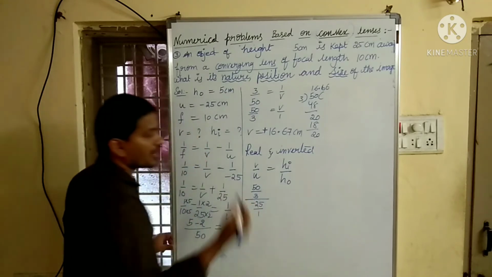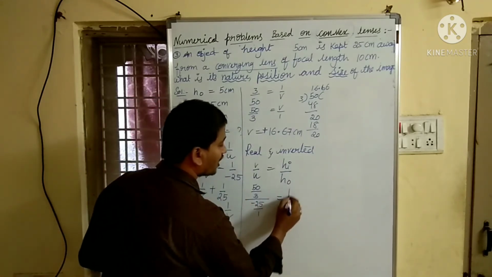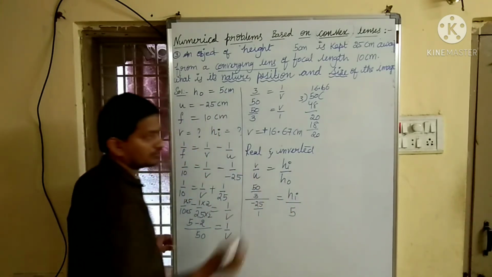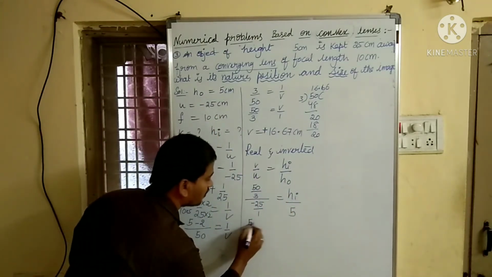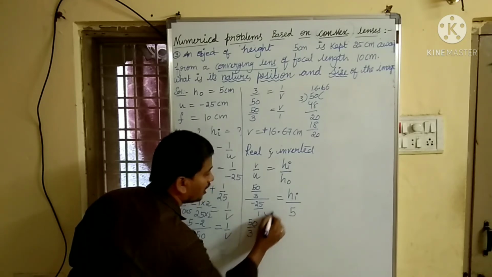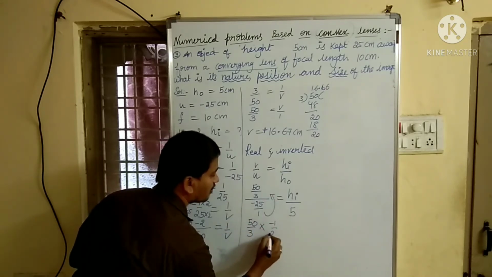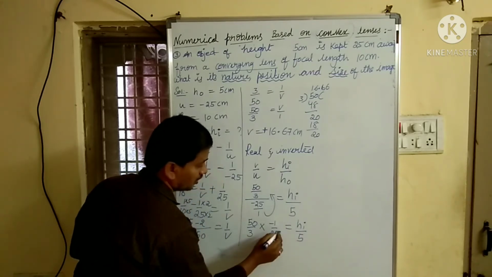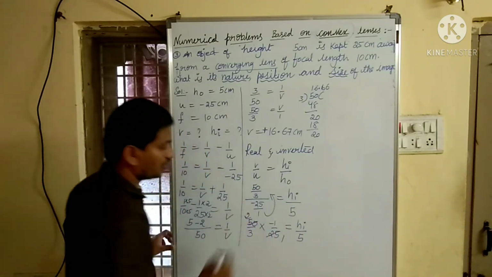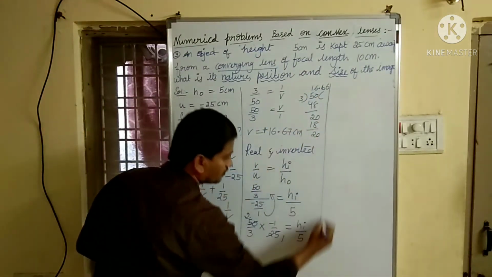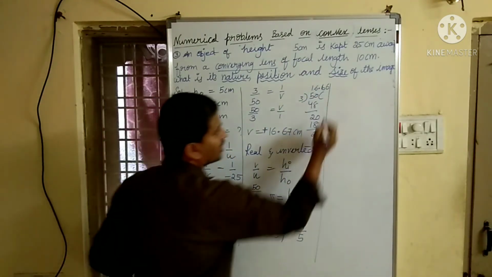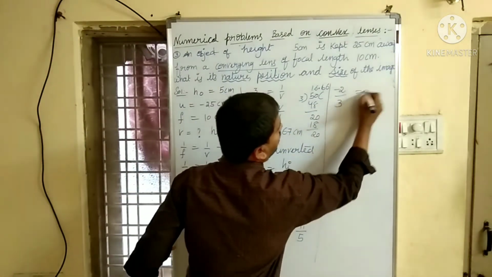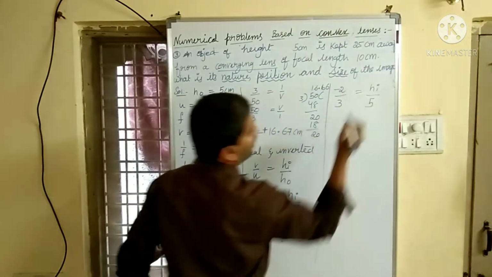We have to find the height of the image, and the given height of the object is 5 centimeter. So I can write 50 by 3 into the reciprocal of minus 25, that is minus 1 by 25, equal to hi by 5. 25 twos are 50, so that is minus 2 by 3 equal to hi by 5.